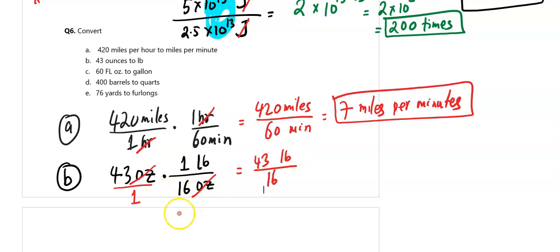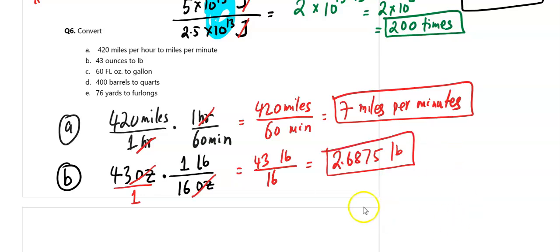Remember that the ounce cancels. 43 divided by 16 pounds gives you 2.6875 pounds. Notice that this is the 16, it's not like the B here, the 16. So again, read the instruction on the questions for how many decimals you round to, but that's the exact answer.